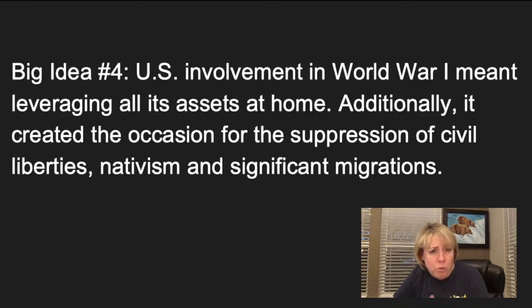Like Oliver Wendell Holmes said, freedoms are not absolute. The example we always talk about is you cannot walk into a crowded theater and falsely yell fire, because that will cause a panic, that will cause danger. You don't have the freedom of speech to do that. So our freedoms are limited to a point, but during war, government does have the authority to restrict our freedoms in order to protect us from clear and present danger.